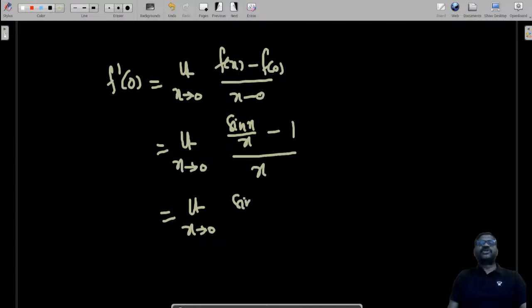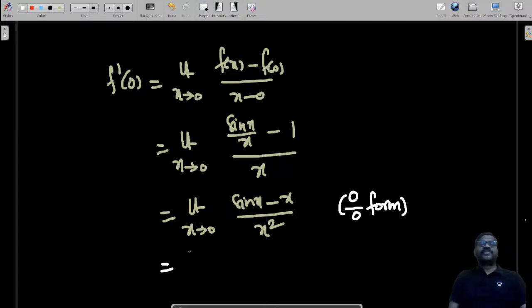Limit x tends to 0, sin x minus x by x square. When x is tending to 0, numerator is tending to 0, denominator is tending to 0. 0 by 0 form. When limit is 0 by 0 form, we have to apply L'Hospital rule.